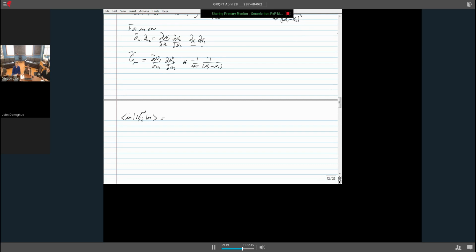And then this piece, acting on G in, gives me the same thing. The leftover piece in is the v1 du1 dv2 du2 times minus 1 over 4 pi 1 over v1 minus v2.